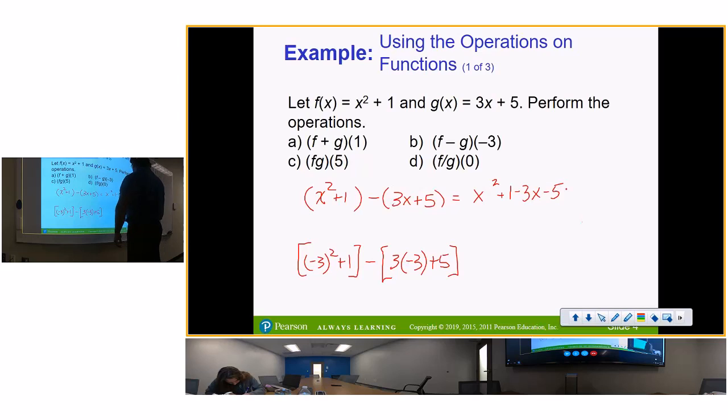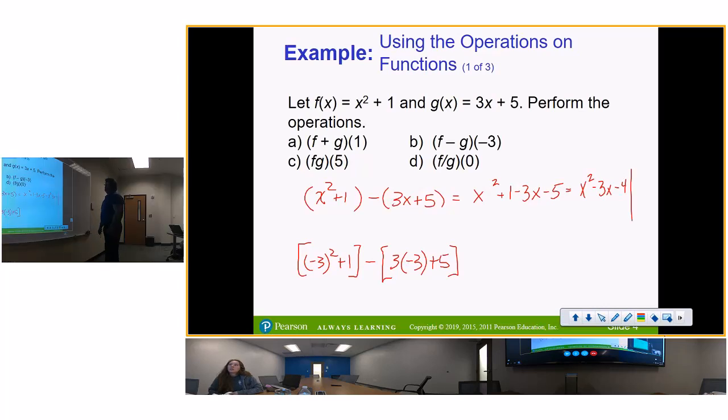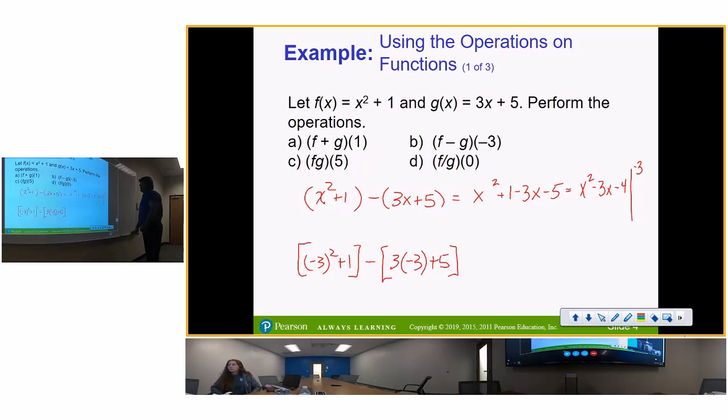So that's going to give us x squared minus 3x, and what's plus 1 minus 5? Minus 4, evaluated at negative 3. So that means parentheses squared minus 3 times parentheses minus 4. I use parentheses when I plug in. I only have several degrees, but I still do it. I know some of y'all don't need it.